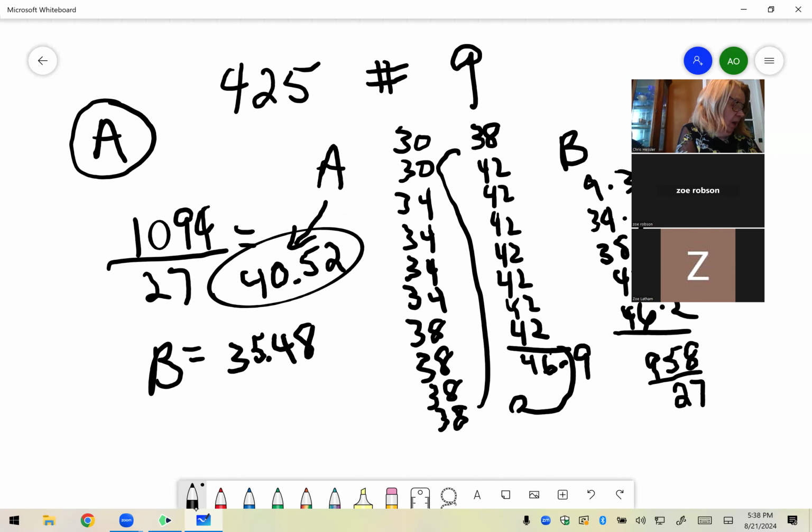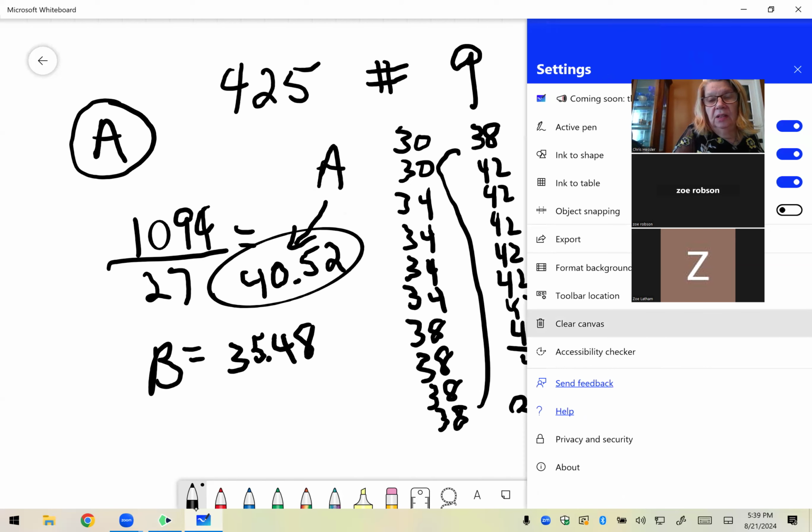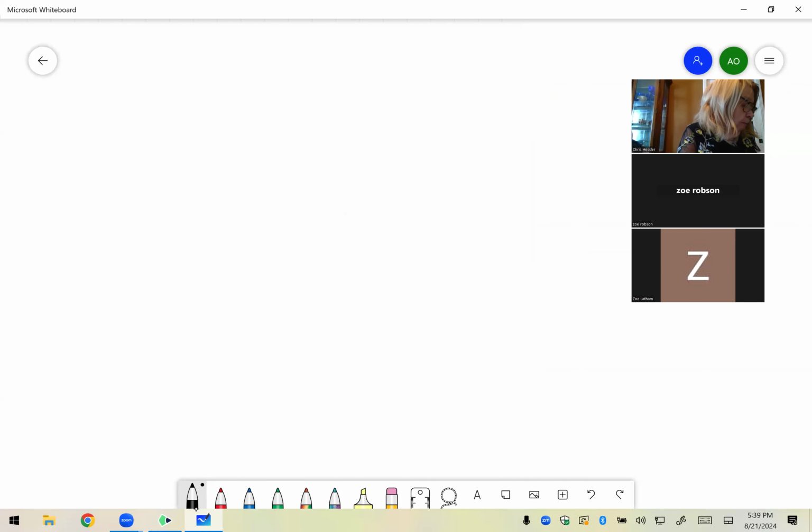So let's go back a couple of pages. We're gonna go to 418, number 3. And then we'll put this easy stuff to bed.